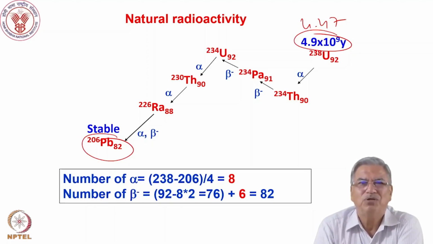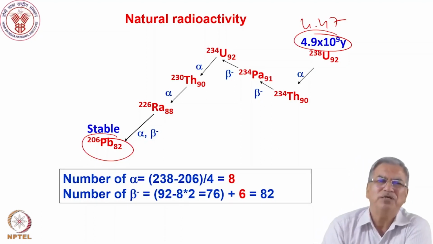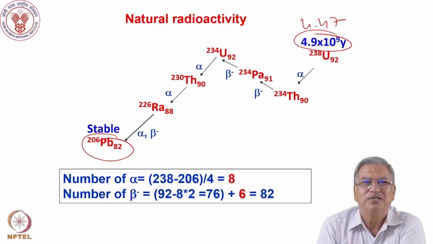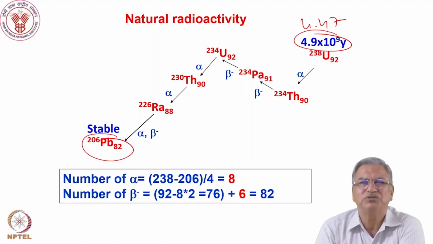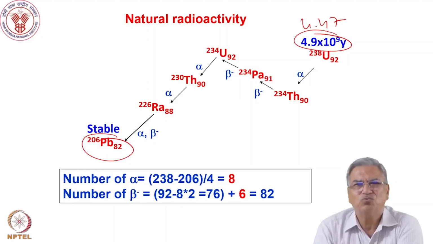For example, 206 you can write as 4 into 51, that is 204, plus 2. So all of them are 4 into some integer plus 2. That's why it is called the 4n plus 2 series. All members of this natural series belong to the family 4n plus 2.